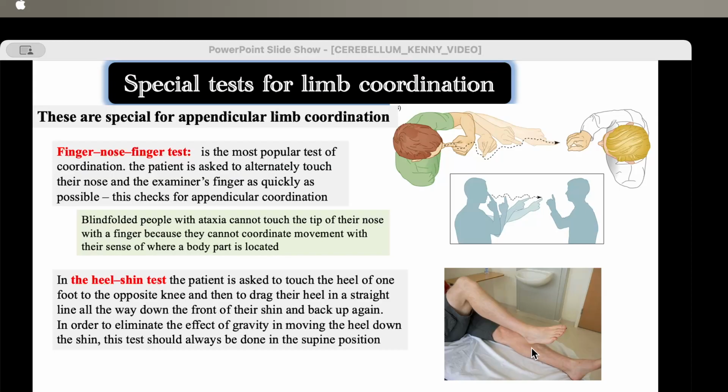So you might think that they have coordination problems, but in actual sense they don't. So this is why it is performed when someone is lying on the bed in a supine position. If someone has a cerebellar lesion, he or she will not be able to rub the heel of one leg against the shin of the other leg.